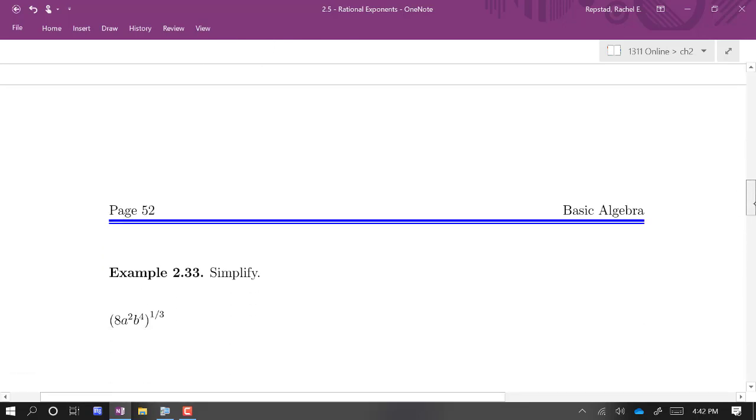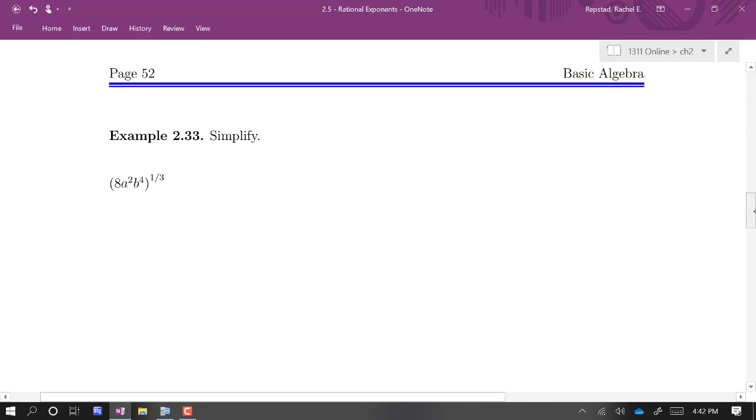Sometimes we can use this radical definition, converting from an exponential form to a radical form, to help us simplify. So here they've given us an expression, and they say simplify. They've given it to us only in exponential form. I'm probably going to write my final answer in exponential form, and there's more than one way we can get to this.